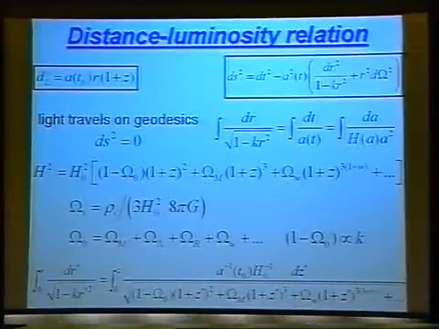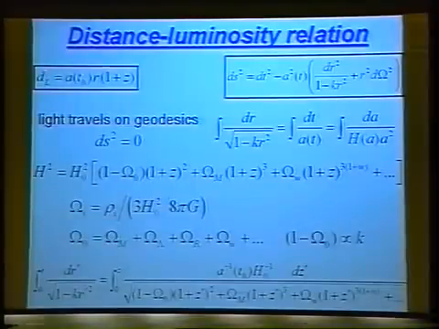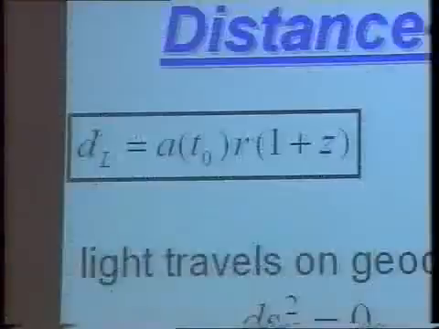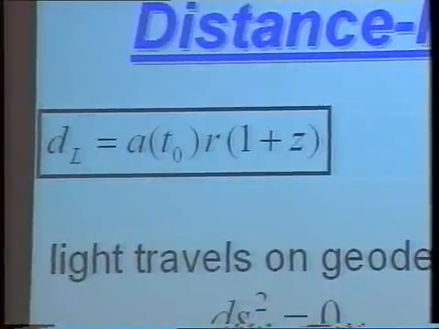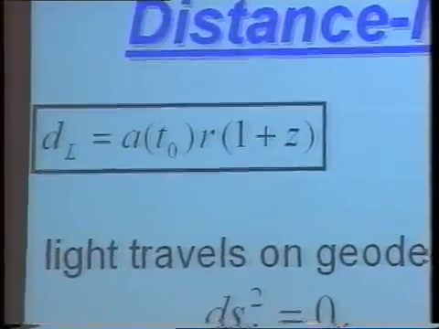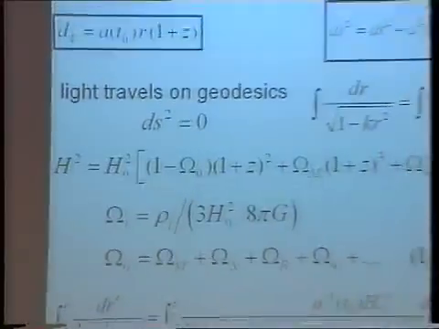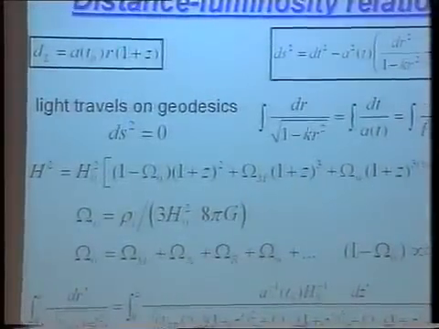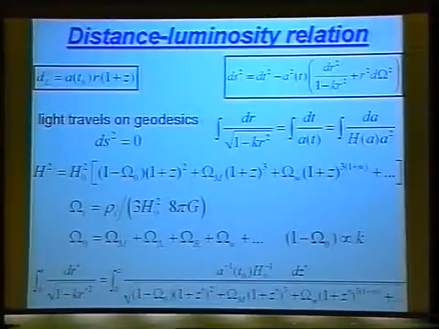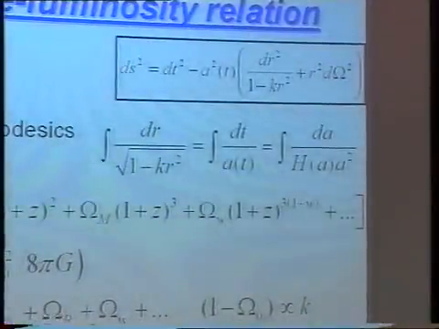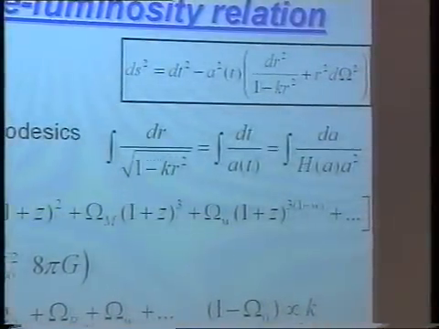So we can use these facts to solve for the distance-luminosity relation. This is the distance-luminosity relation, and we have to solve for a times R. We can do that just from the metric. Light travels on geodesics, ds squared equal to 0, so we can use that result to find an integral expression for R related to the expansion rate as a function of scale factor or redshift.